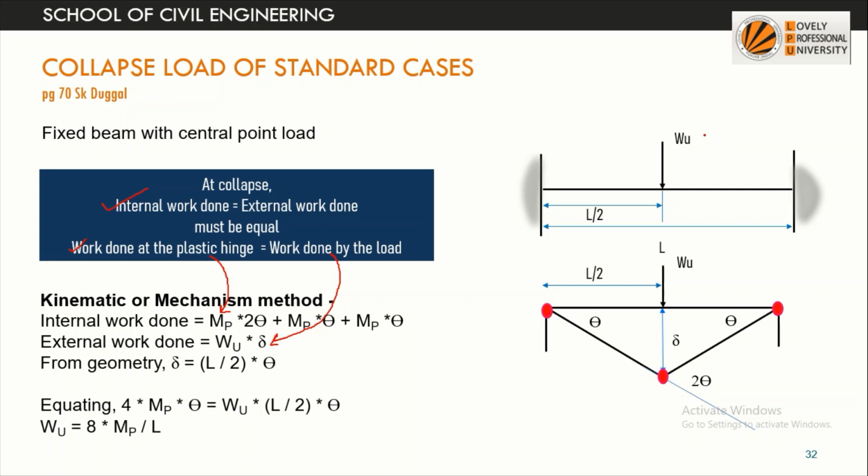So external work done is Wu into delta. And how many plastic hinges will be formed? One is under the load, and the other two are at the fixed ends, where we have fixed end moments. So these are the three places where plastic hinges will be formed.